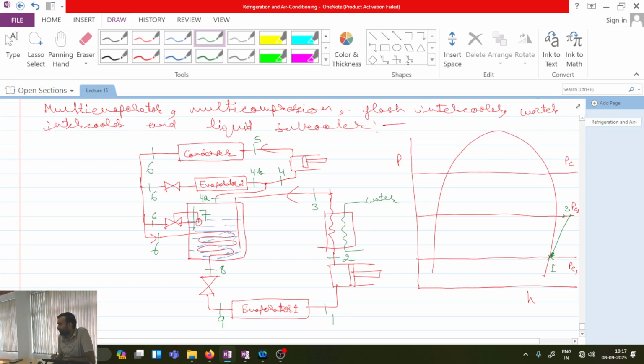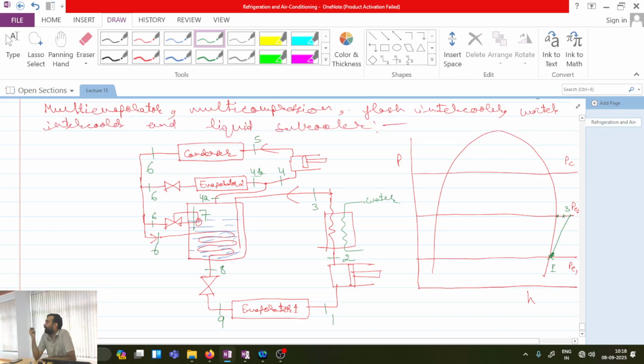Then 2 to 3, intercooling, water intercooling. 3 to 4A will be flash intercooling. Ideally, flash intercooling always results in which state? Saturated vapor state. So I will come to this point. This will be 4A. Then this is evaporator 2. At the exit of evaporator 2, I have 4B.